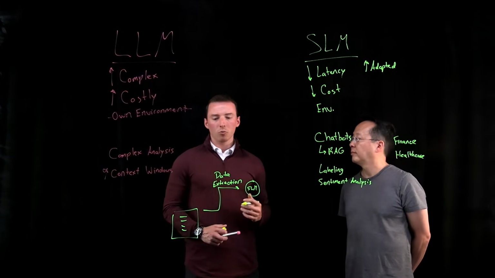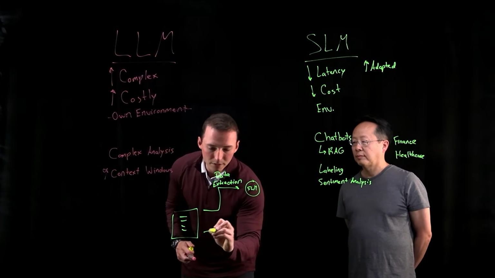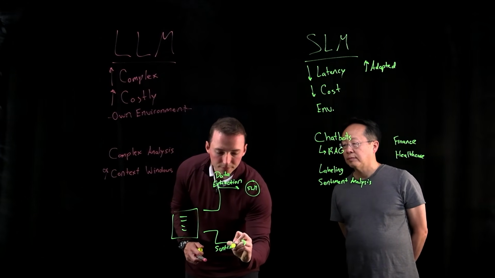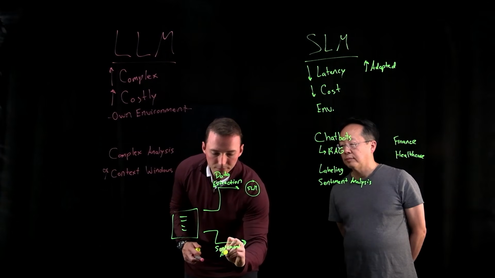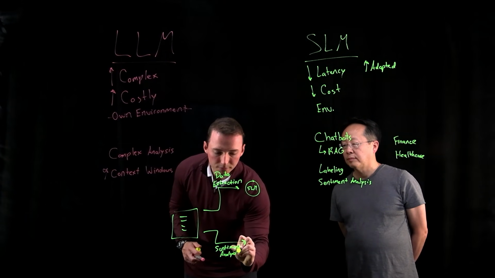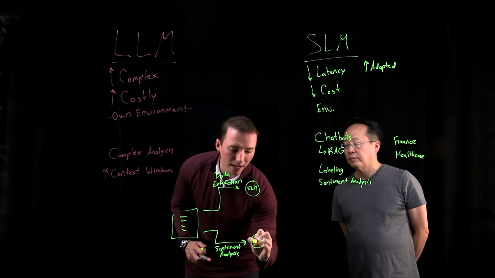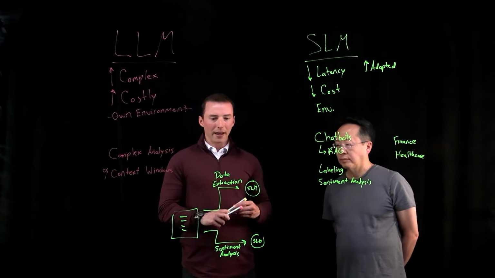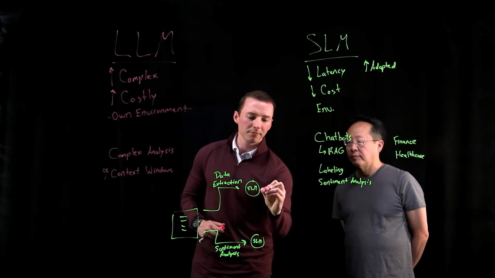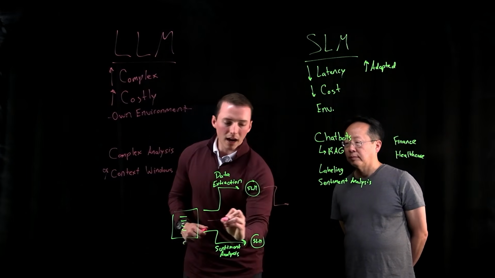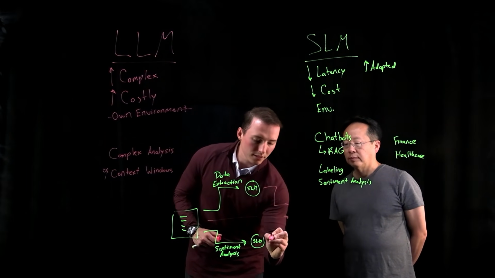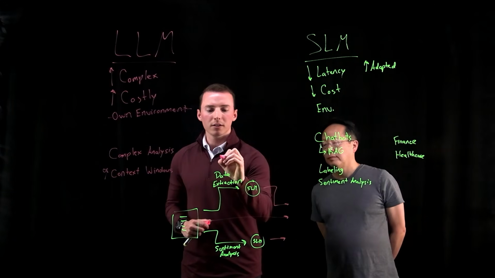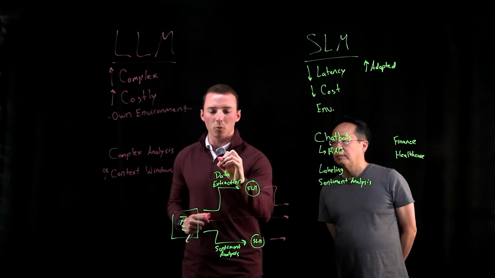Then you might also want to do, let's say, sentiment analysis. You can use an SLM for that task as well. But then let's say that you actually want to pass the extracted data, the document itself, the sentiment analysis, and let's say that there is some data that you scraped from the web.